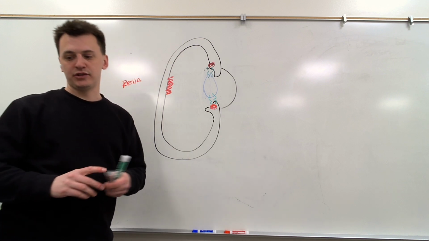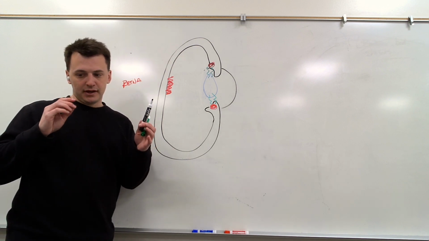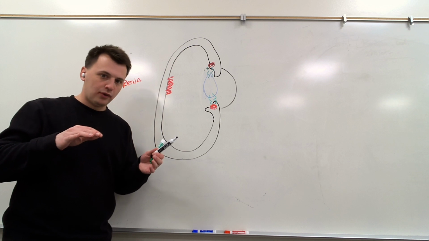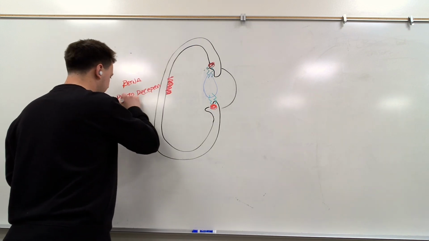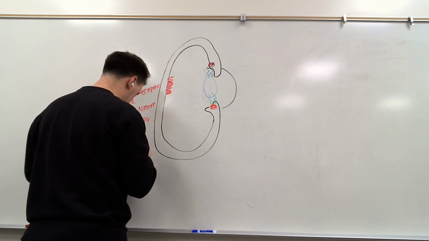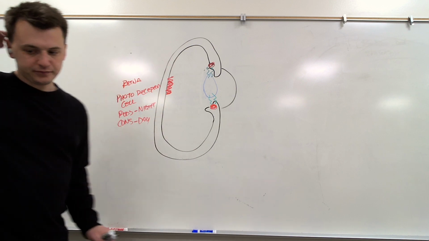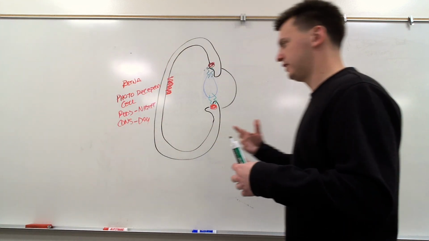And in the photoreceptor cells there are rods and cones. So rods, night vision; cones, day vision.